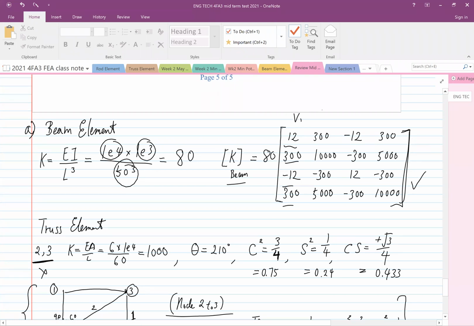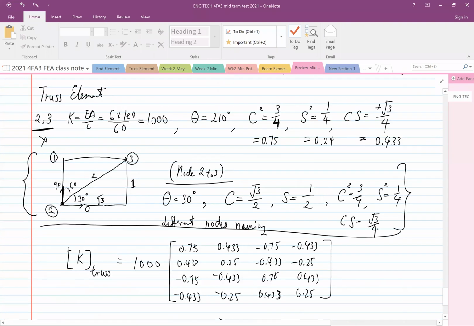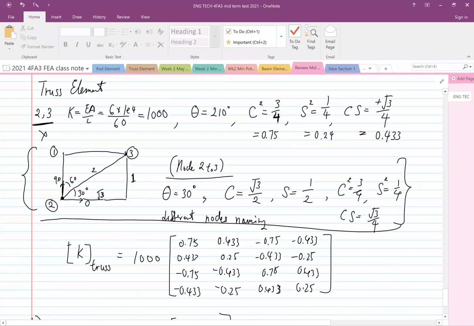So I named this V2, V1, V2. Okay, for my truss elements, I have a U2, V2, U2, V, sorry, U3.